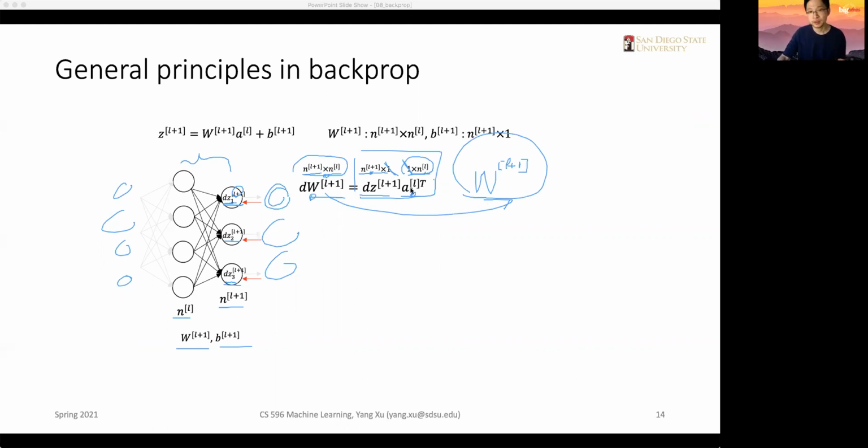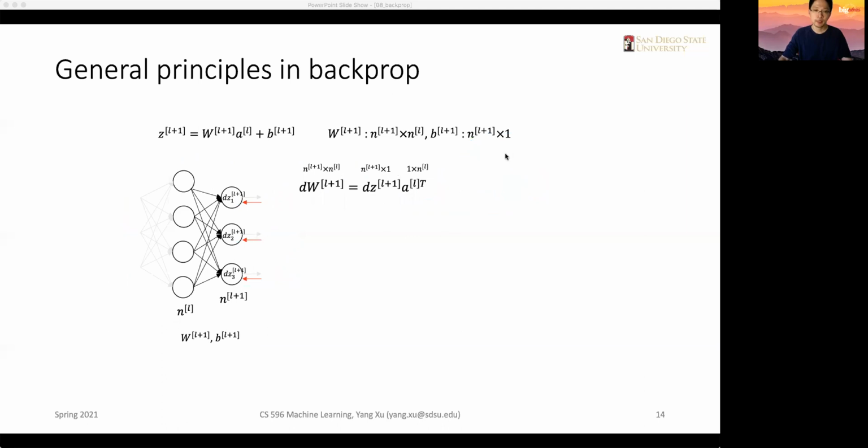If you put AL transpose on the left and DZL plus 1 on the right, and you transpose them, then the result would be NL by NL plus 1, which is not the correct dimension. So the take-home message is to check the dimensions when you are confused about the computation.